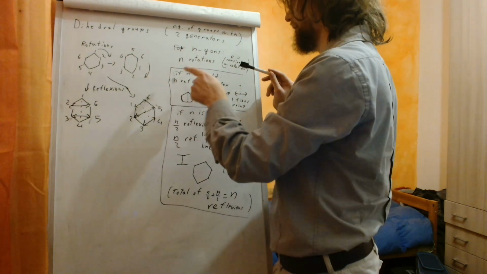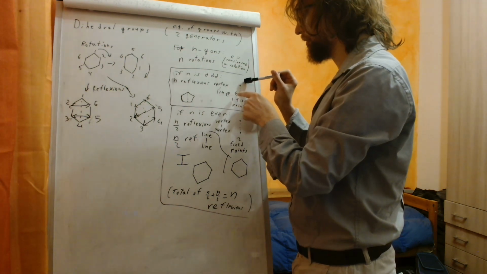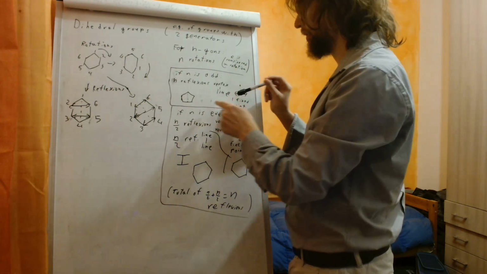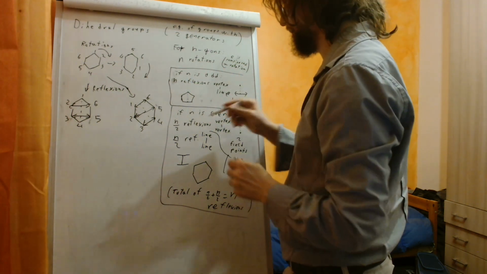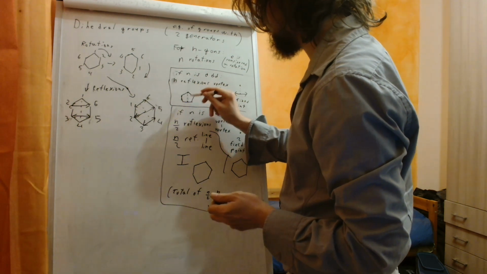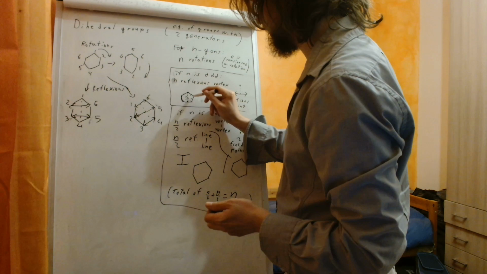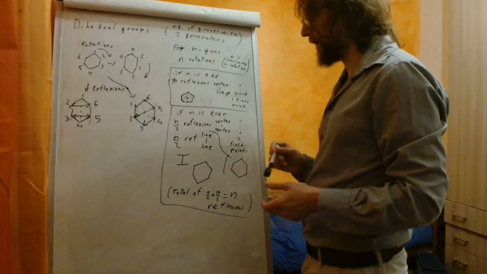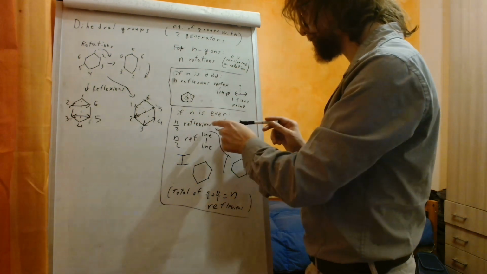So if n is odd, the reflections are vertex to edge lines. So we have n possible reflections. For example, in a pentagon we have this possible line of reflection, this, and this. If n is even, we have n divided by 2 reflections, vertex to vertex.